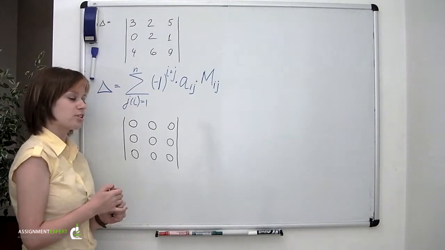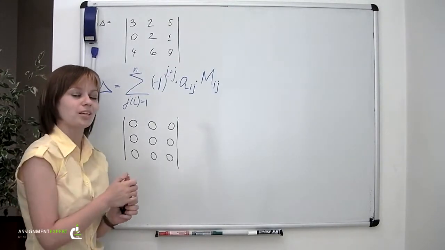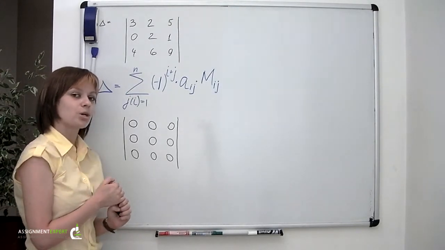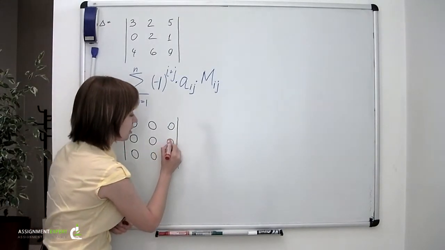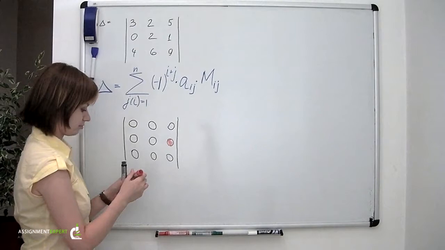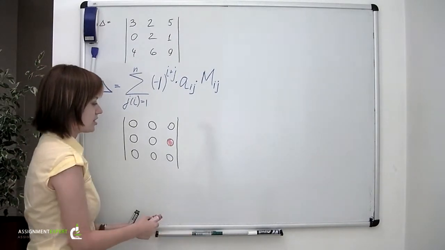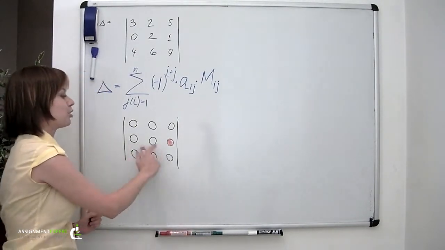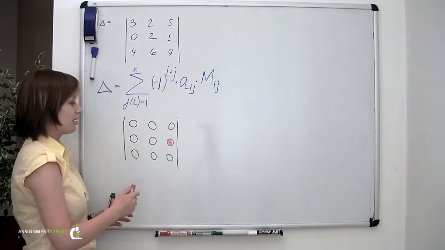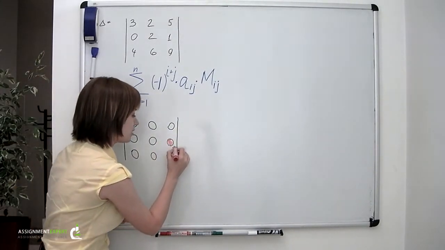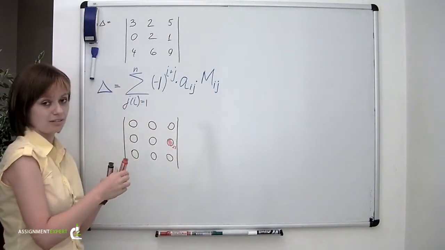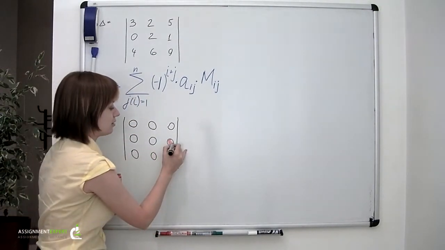The first of them stands for the number of the row in which the element stands, and the second stands for the number of the column. Let's take this element, for example. This element lies in the second row and in the third column. Therefore, it may be given a number of 2, 3. Let's say a_23.